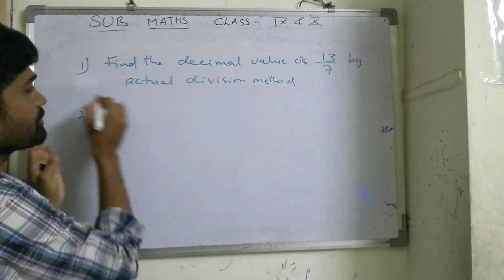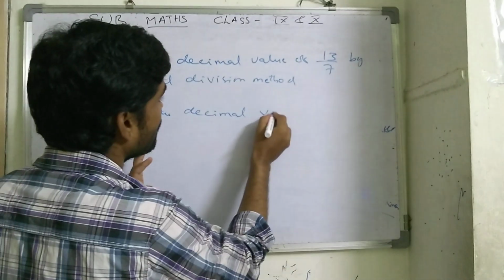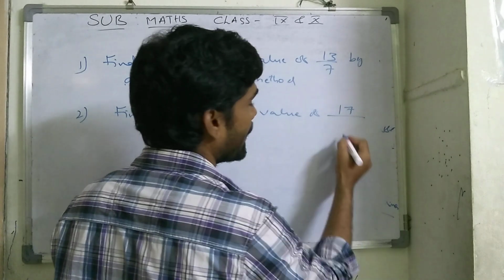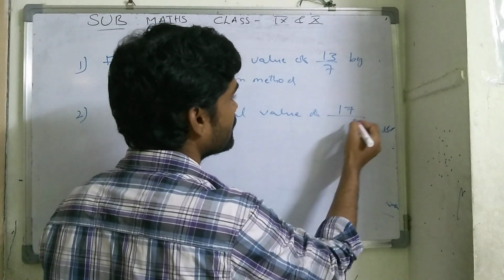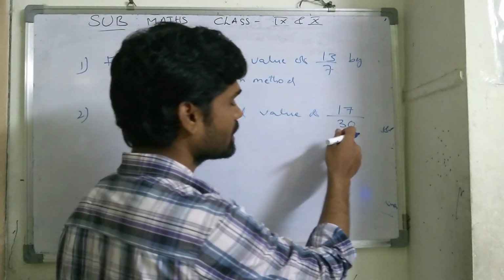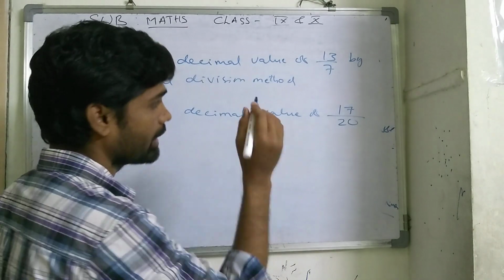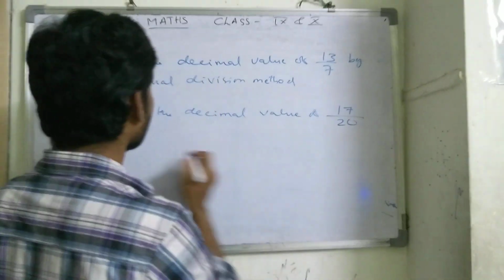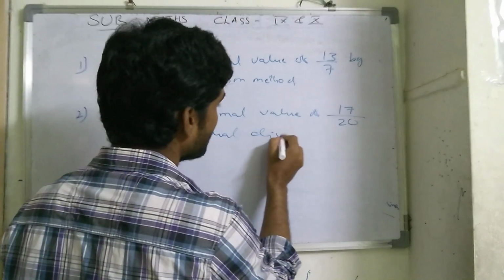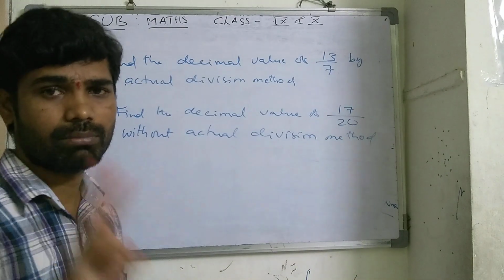Second, find the decimal value of 17 by 20 without the actual division method. So just 2 problems, guys.